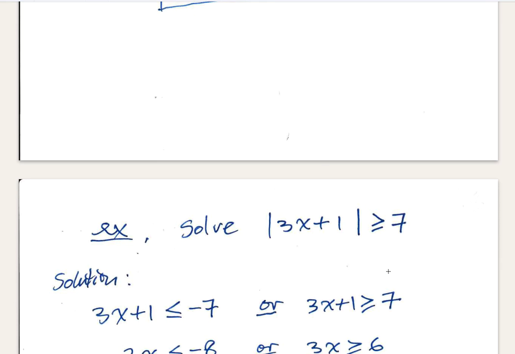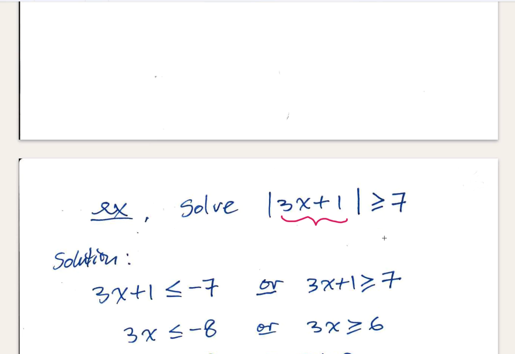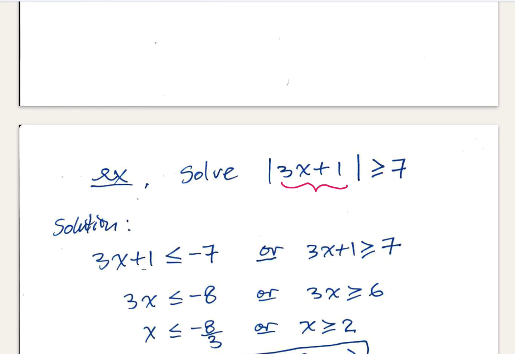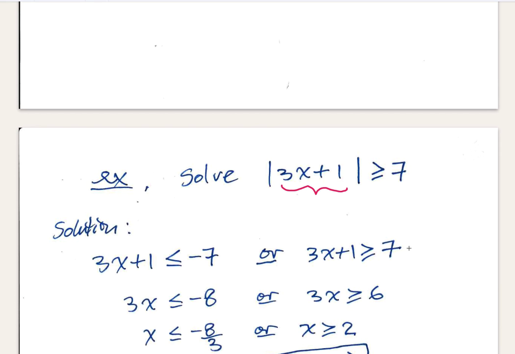Let's go ahead and solve a problem along these lines. Let's talk about the solution to this problem. The absolute value of 3x plus 1 is greater than or equal to 7. Now there's two possibilities. The 3x plus 1 could be less than or equal to -7, or it could be what? 3x plus 1 could be greater than or equal to 7.